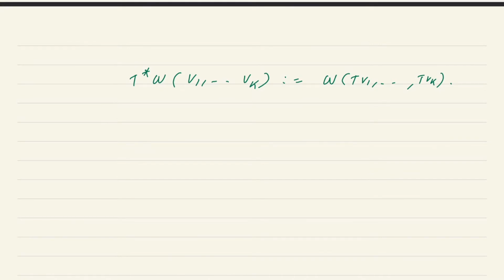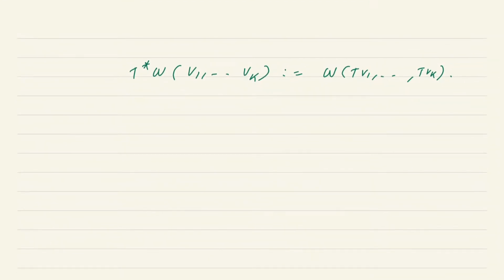If you have a linear map from a vector space V to a vector space W, then you automatically have a dual map from W star to V star. This is exactly defined in this way, and I want you to check that under the identification of V star with Alt^1(V), the pullback that we have defined now agrees with the usual dual map you have seen in linear algebra. That this T star omega is a k-form is easy to see and left to you.